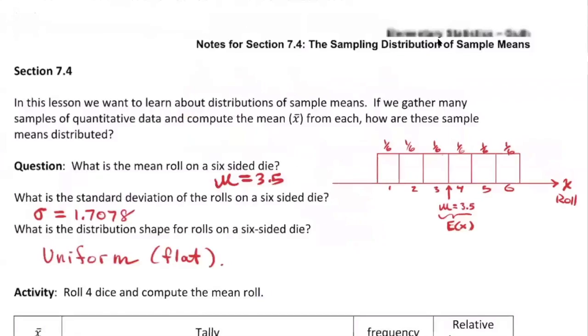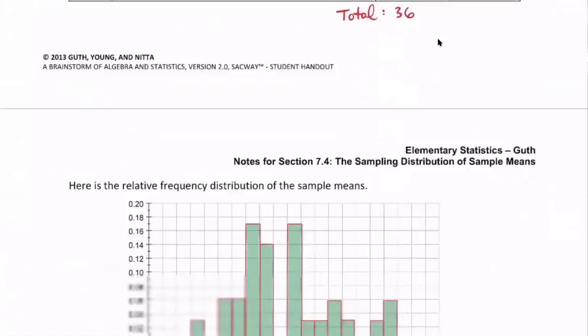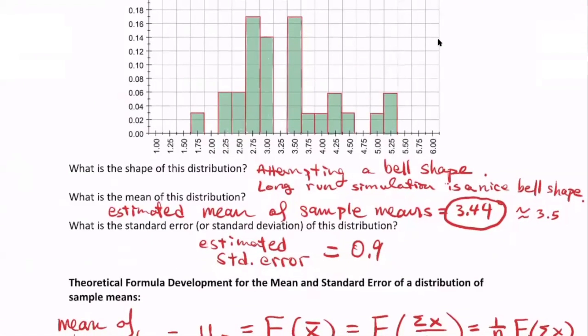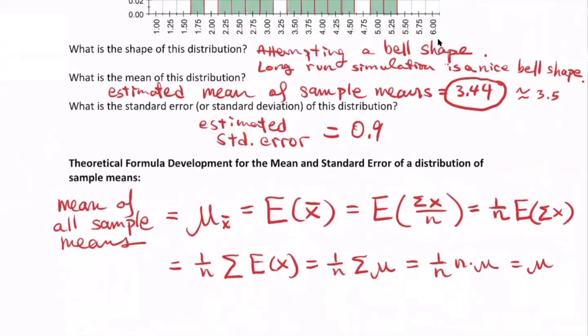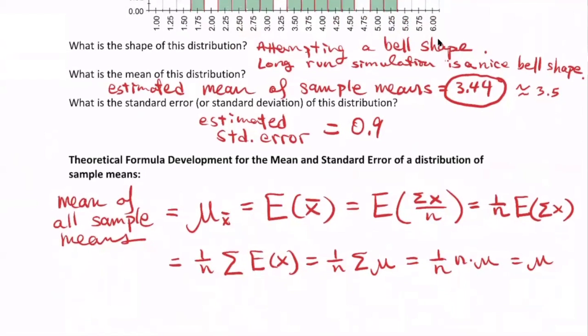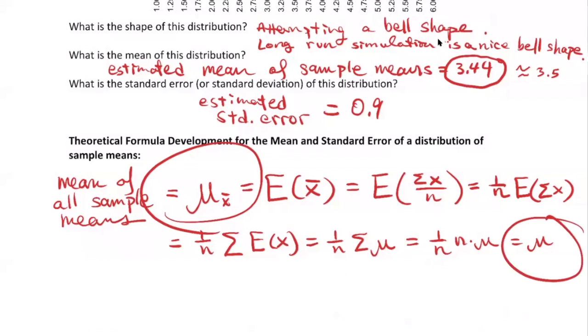But if you do the average of all averages from 4 dice, we got 3.44, but in the long run, you get 3.5. And that's what the central limit theorem says. It says the mean of the sample means is the mean of the population you're sampling from. Okay. So that's great.